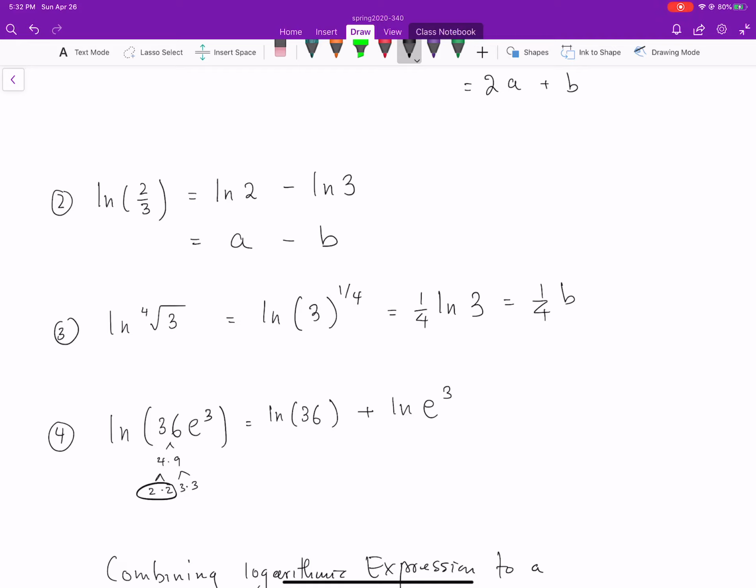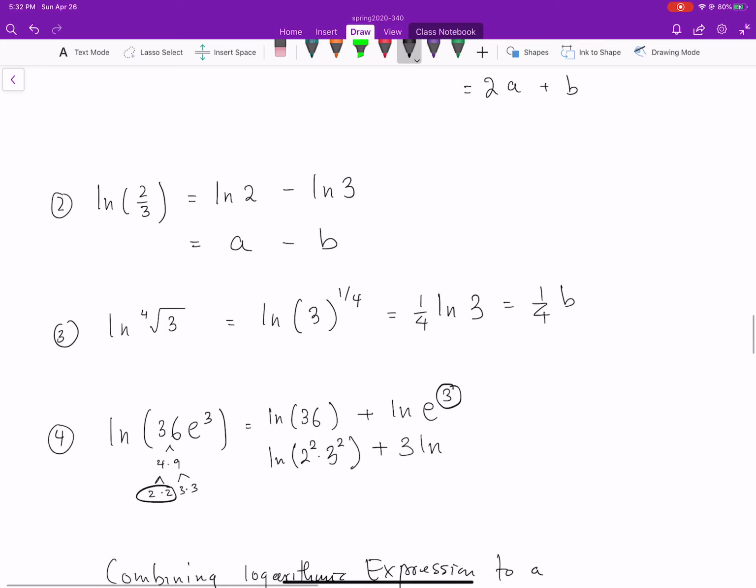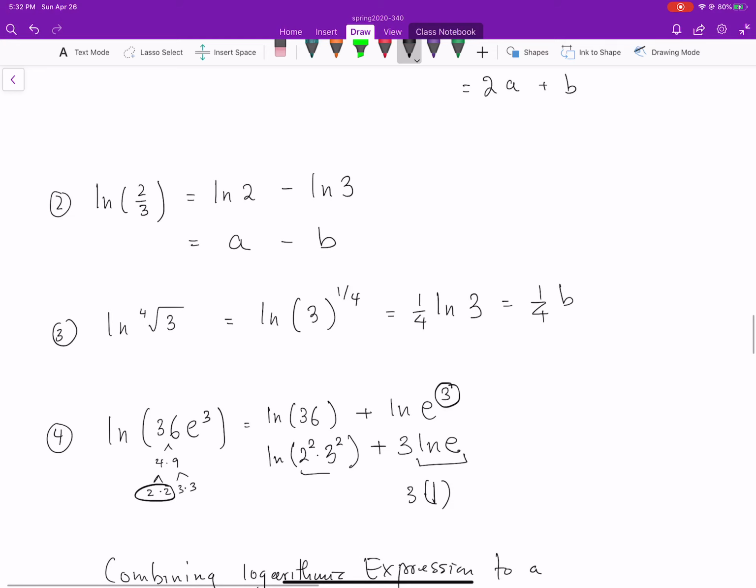All right, and we just discovered 36 can be broken down as ln of 2 squared times what? 3 squared, plus, and I can drop the power 3 in front of the ln, so I get 3 ln e, and ln e is equivalent to 1, so that times 3. And then over here, I can see another product. So I can split this up as ln 2 squared plus ln 3 squared plus 3 times 1.